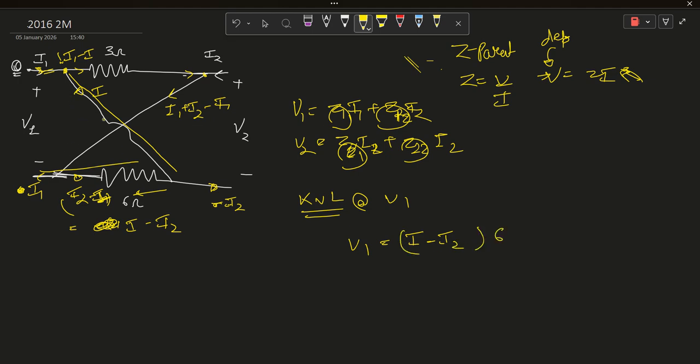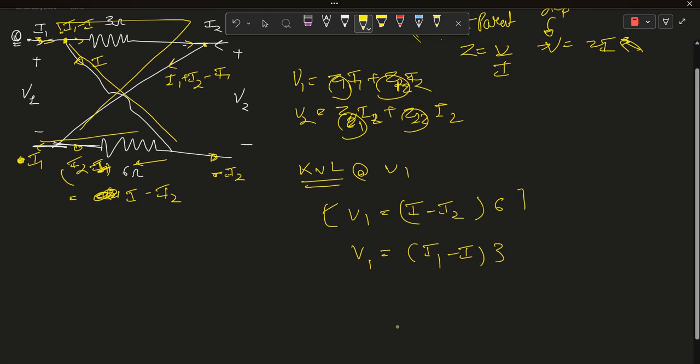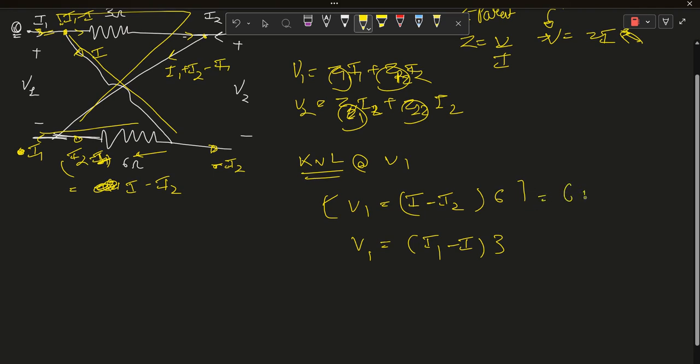When we follow the other path, V1 is (I1 minus I) times 3 ohm, so 3I1 minus 3I.